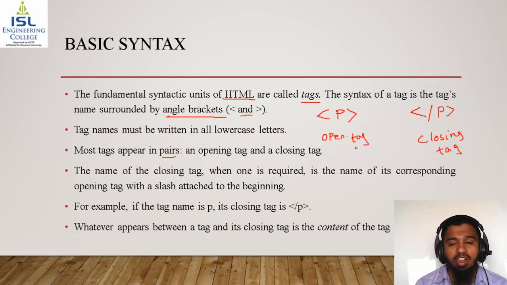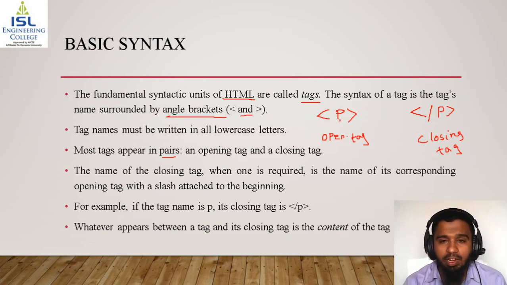How can you identify which one is an opening tag and which one is a closing tag? In the opening tag you will not get any slash, just like the example P. This is an opening tag.